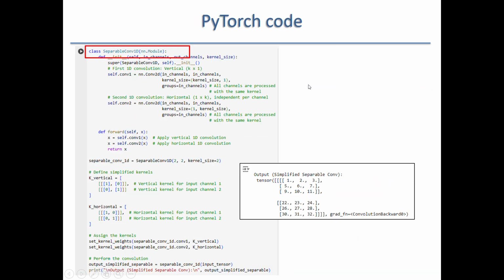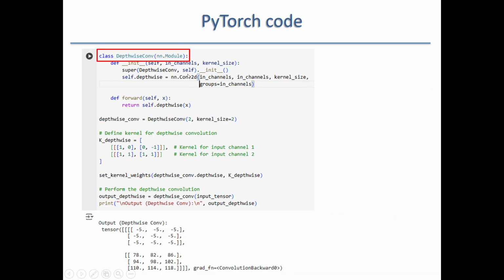It would be this one, and we are now exploiting the argument groups of the conv2d. Conv2d has something that says this operation has to be done for each one of these groups, and then the forward is just applying this convolution as we define it.